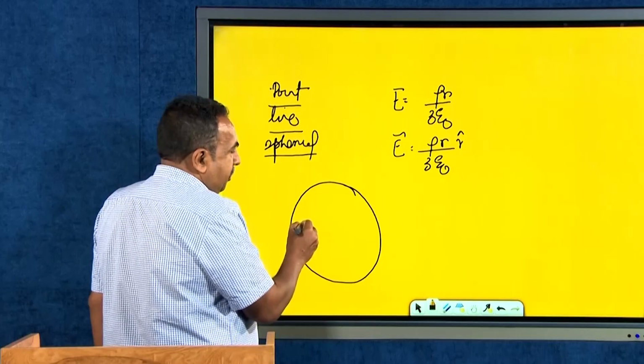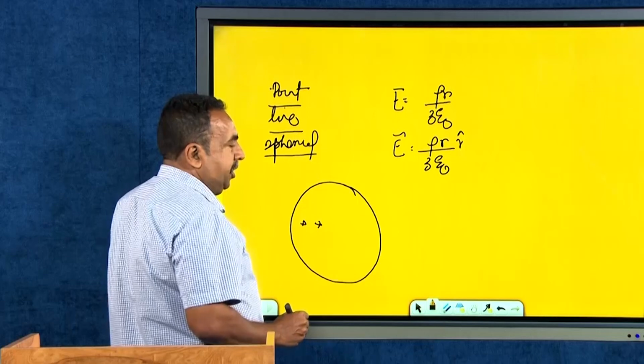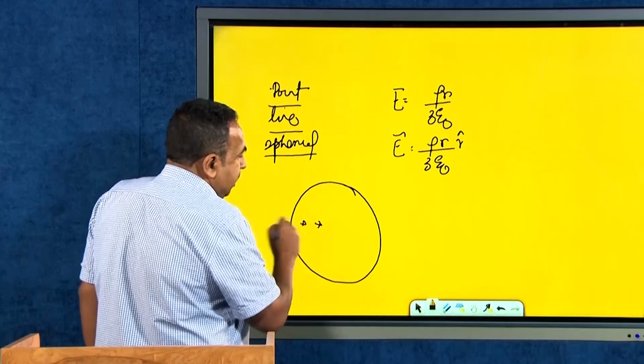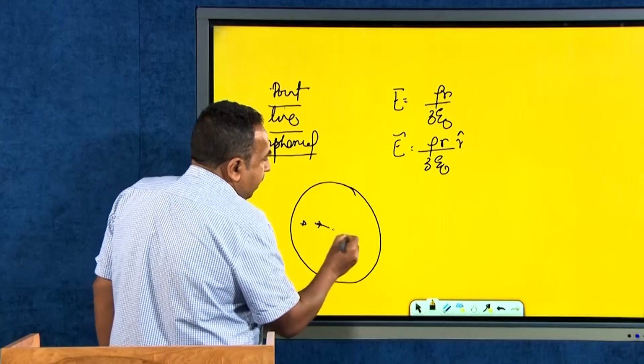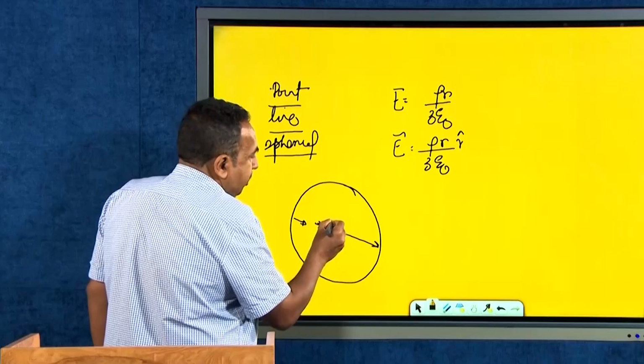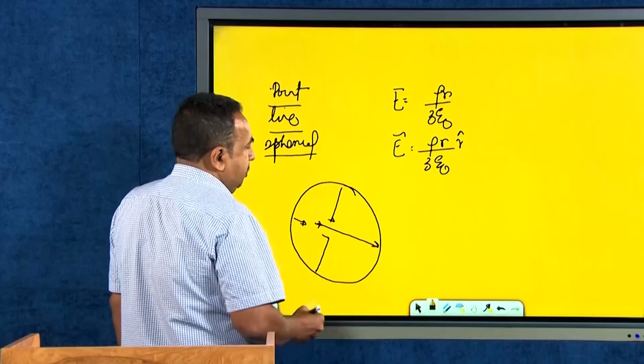If I start depositing 2 positive charges, they repel each other and they will be moving to the end points. If I deposit 2 or more charges, they will be moving to the diametrically opposite points.